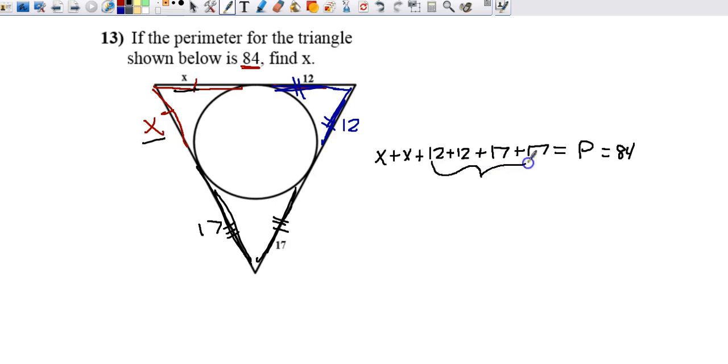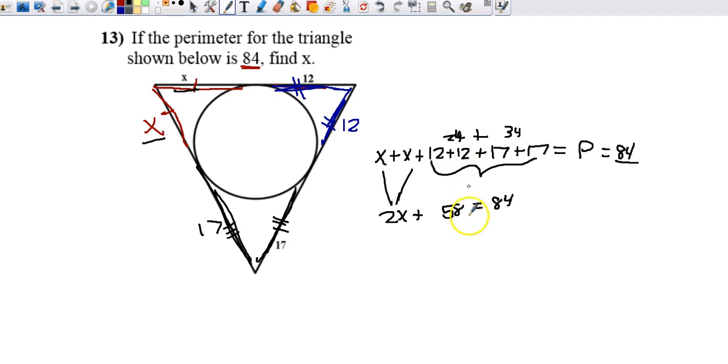So what I want to do is add all these numbers. This is 24 and 34. I want to add those together, and that's going to give us 58. This will combine to 2x. So 2x plus 58 equals 84.